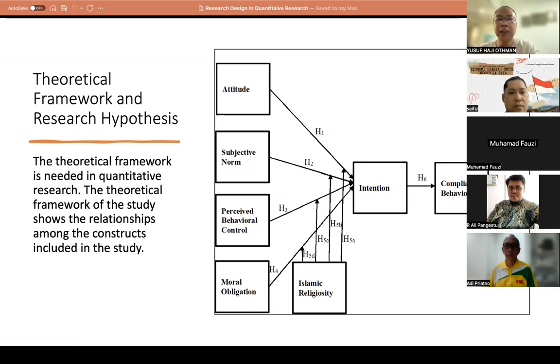Most welcome. So any other question? For example, this framework is basically trying to study the behavior of the respondents. In this case, the behavior of the Muslim secondary school teachers with regards to the payment of zakat.